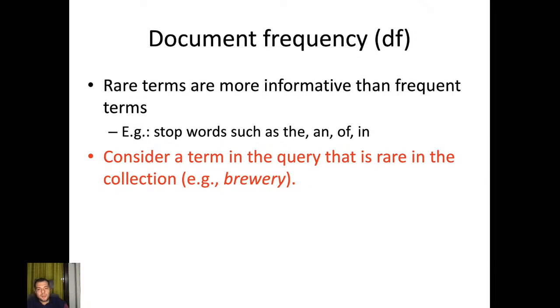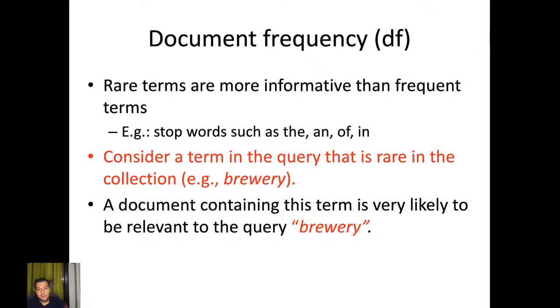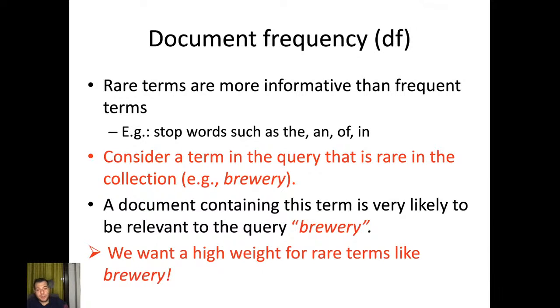If you consider a term in the query that is very rare, for example the word brewery, a document containing this term is very likely to be relevant to the query, but still we do not expect this word to be very frequently repeated in the document.